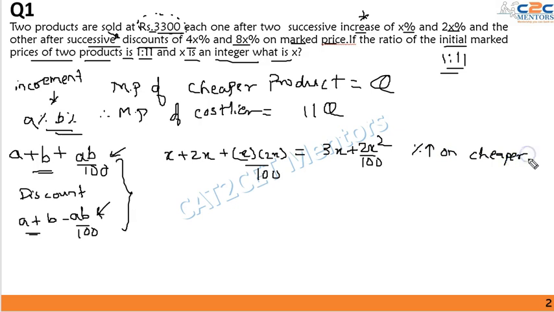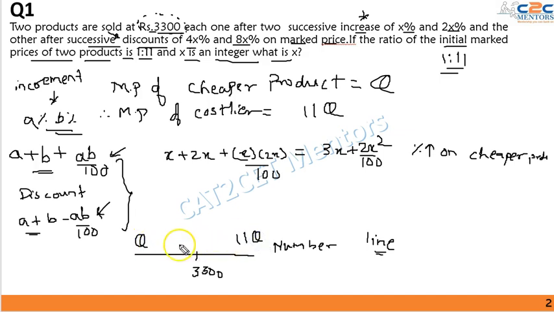Now one thing that you need to understand is that the selling price of both the products is 3300. Let me draw a graph over here so that you can have a better understanding. So this is 3300. Let us assume that this is our number line. Now there is a product whose mark price is Q. We know that 11Q will be bigger than Q, so it will appear on the right hand side.